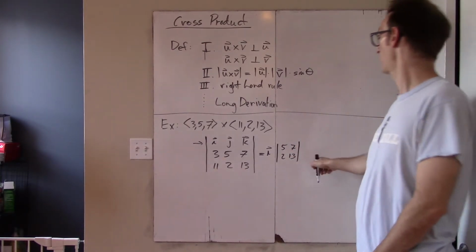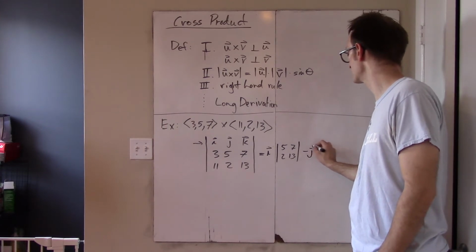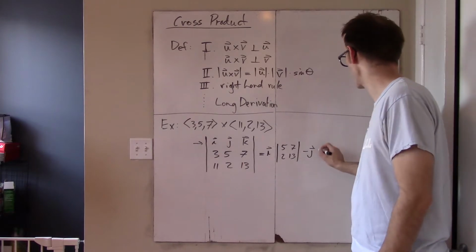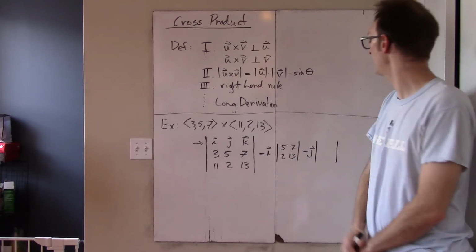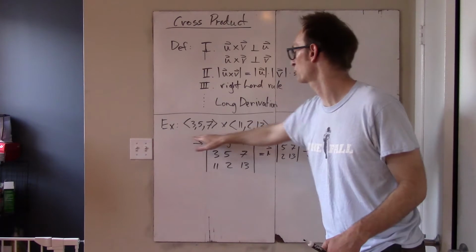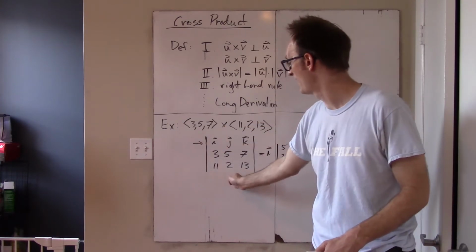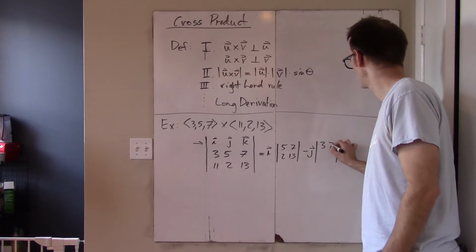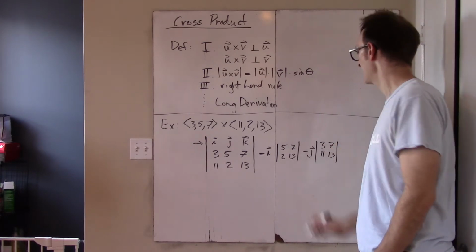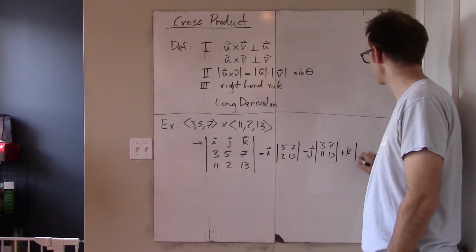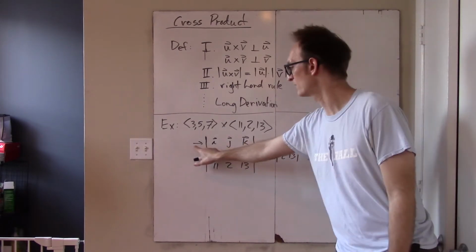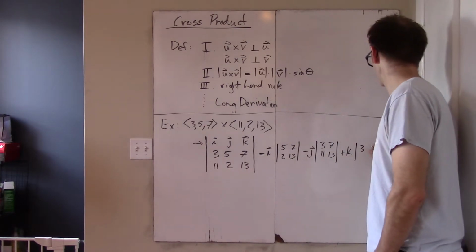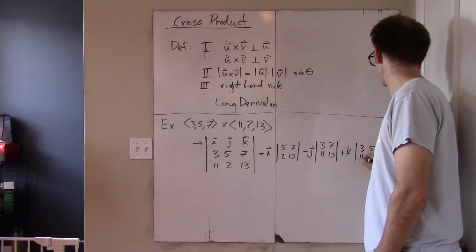And then, for mysterious reasons, you subtract the j, don't ask why right now, and then you delete row 1 and column 2, and you're left with the four numbers 3, 7, 11, 13. I don't know why I picked these numbers. And then plus k times, if you delete the row containing k and the column containing k, you get 3, 5, 11, 2.